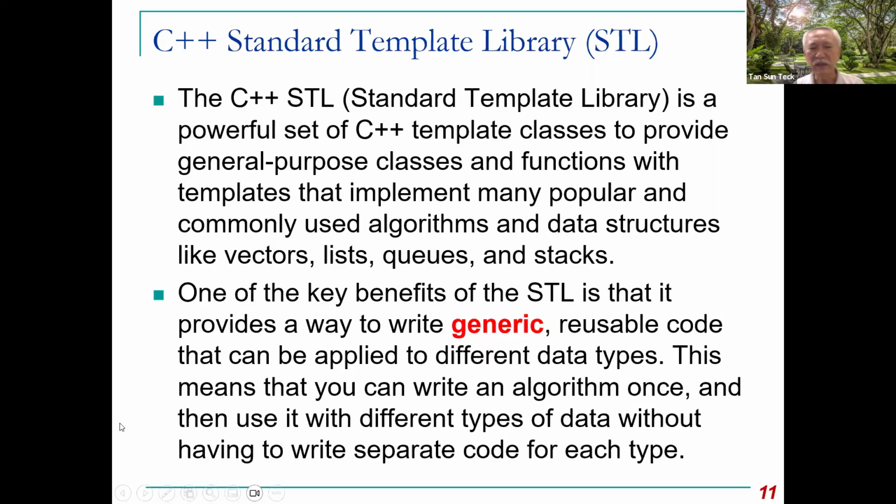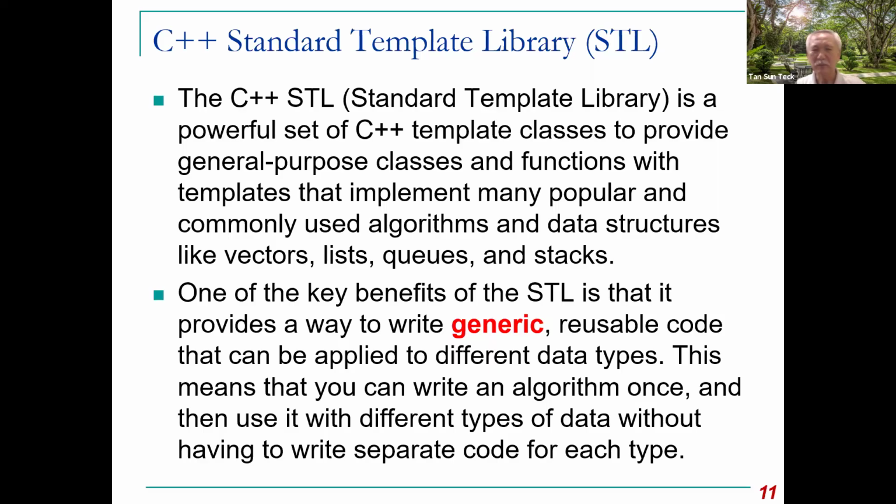One of the key benefits of STL is that it provides a way to write generic, reusable code that can apply to different data types. When we talk about generic, it means that this class can take in different types of data. It can be integer, character, or even a record and so on, as long as when you create the object, you initialize the data to be of this type.